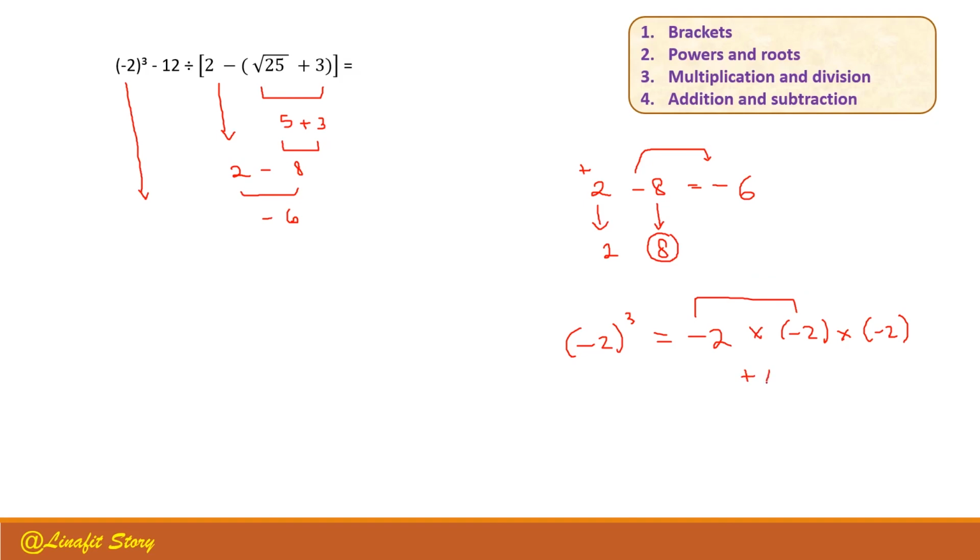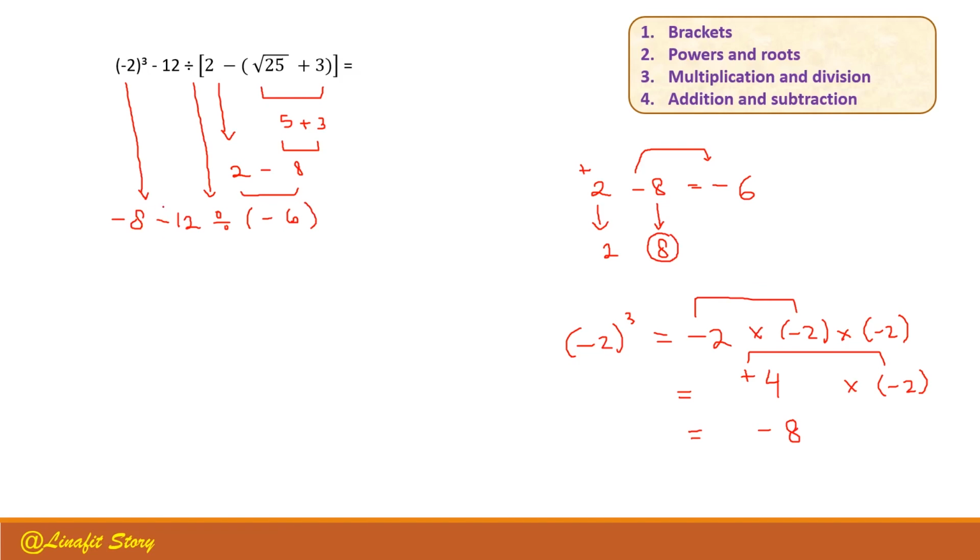So the result is positive 4 times negative 2. And after that, you meet your enemy. Why you meet your enemy? Because different sign. You meet your enemy, the result is negative 8. So negative 8 minus 12 divided by negative 6.